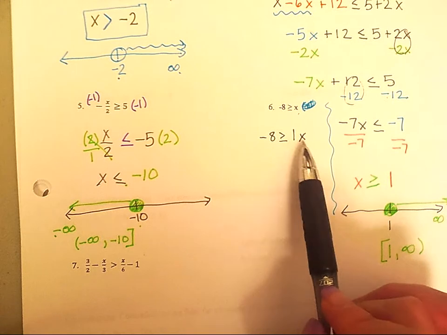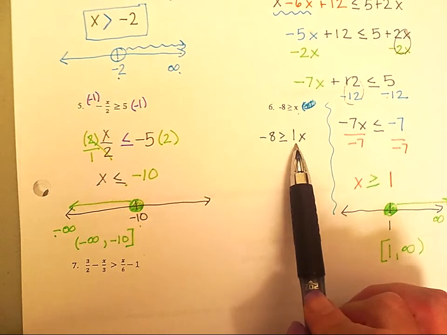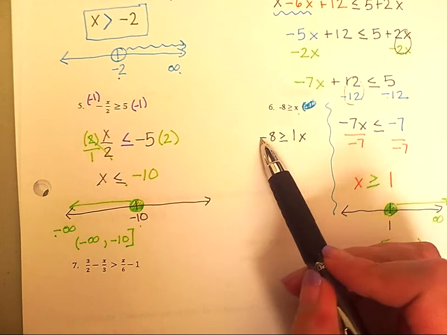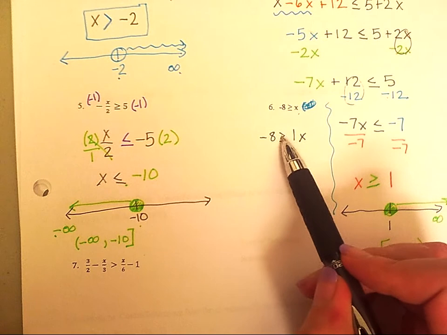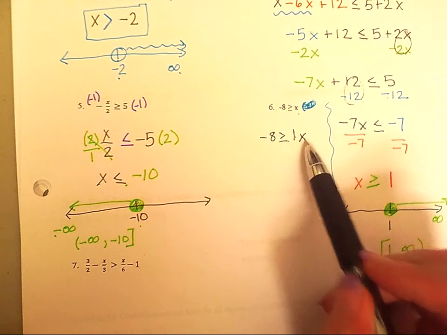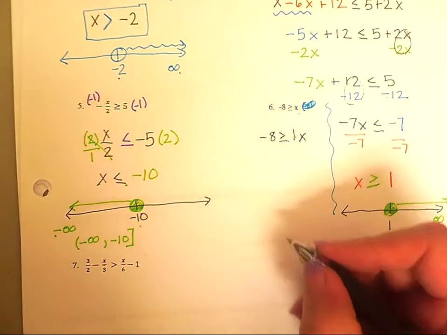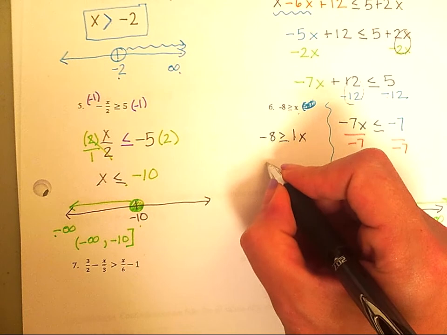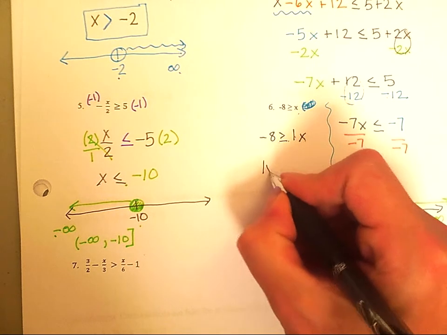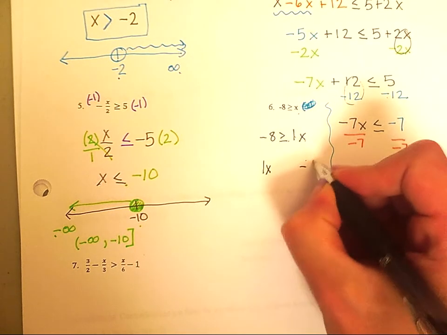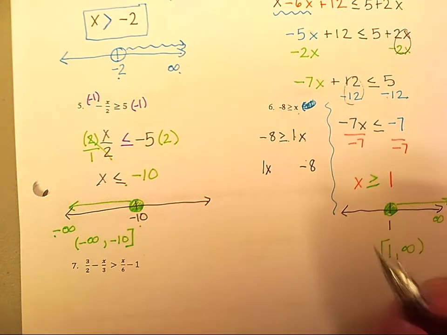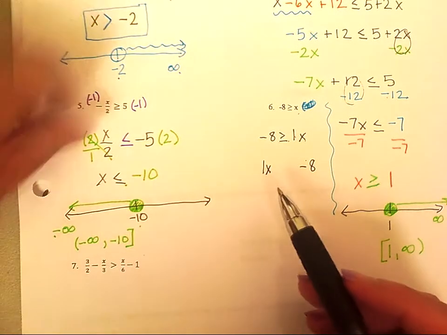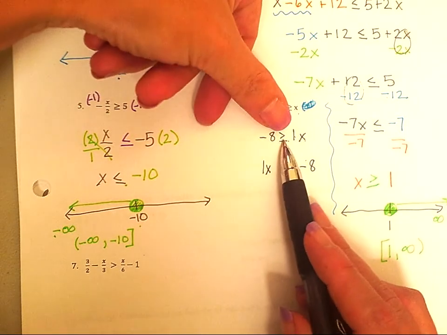And you can read inequalities in two different ways. This says negative 8 is greater than or equal to 1x. It is also true if I take the 1x and the negative 8. Now I'm just going to rewrite this. I haven't multiplied by anything.